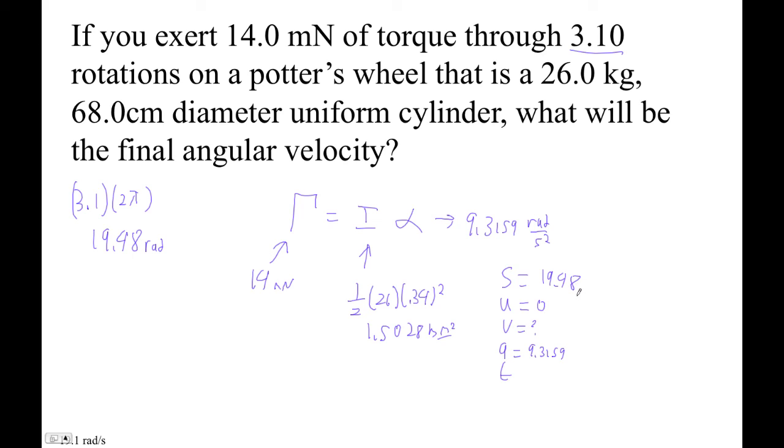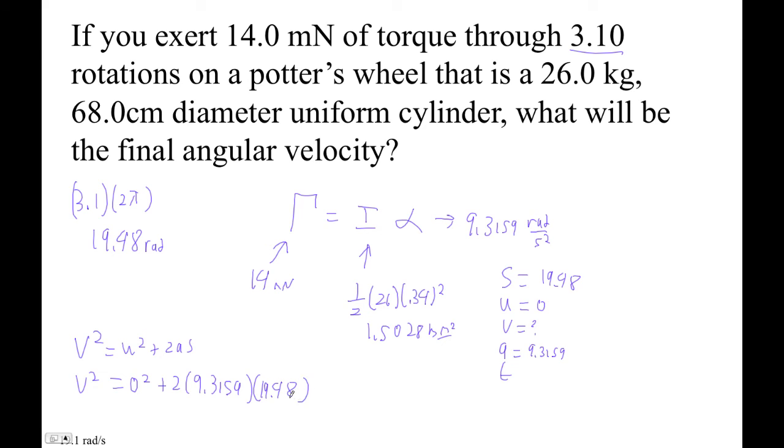Okay, so now we got to find the final velocity. I'm going to use v squared is u squared plus 2as. Okay, so v squared is 0 squared plus 2 times 9.3159 times our displacement 19.48.